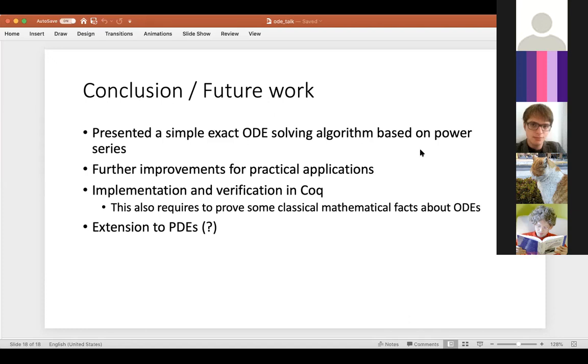For example, for polynomials, we know that the number will be bounded by the degree of the polynomial, so it doesn't make sense to go very deep into the power series. For that, it was much faster. So for polynomials, it was actually quite okay, at least much faster than for general analytic functions.